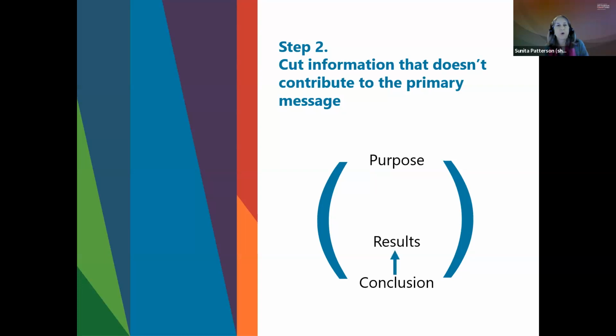Then think about what results support that conclusion. What needs to be included so that readers will see how you came to that conclusion. And finally, what methods do you need to include to help explain the results that you found?